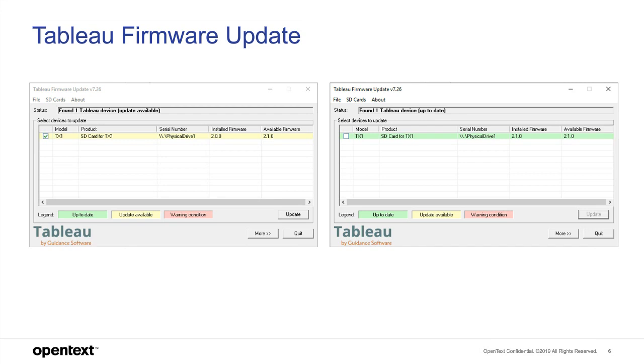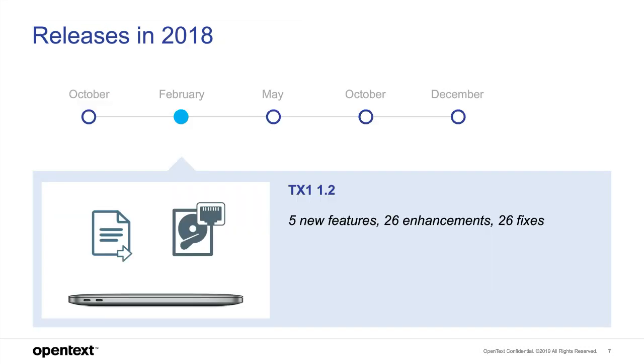So, speaking of updates, when we chatted last, we were just putting the final touches on TX1's 1.2 firmware. Since then, over the course of the last year, we've followed that release up with 3 more releases, adding features, speed, and language support.